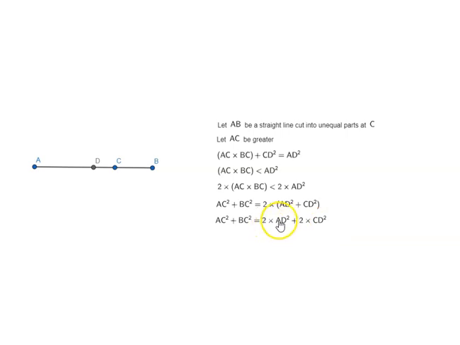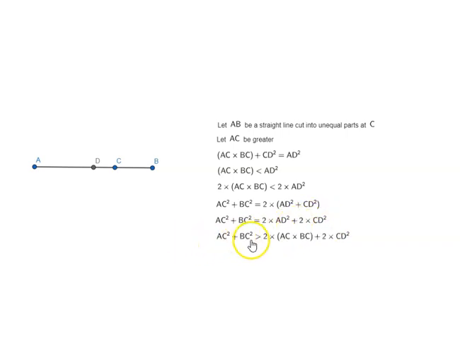Now, 2 times AD square is there here. So 2 times AC by BC is less than 2 times AD square. So if I substitute this here by 2 times AC by BC, then what happens? Since this is less, I'm substituting a lesser quantity. That means AC square plus BC square becomes greater than the right hand side.